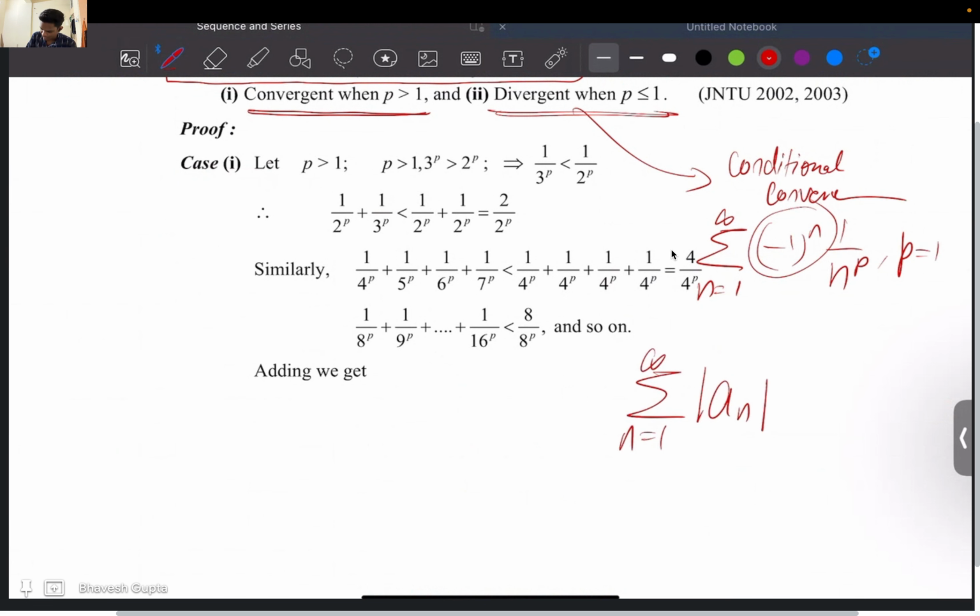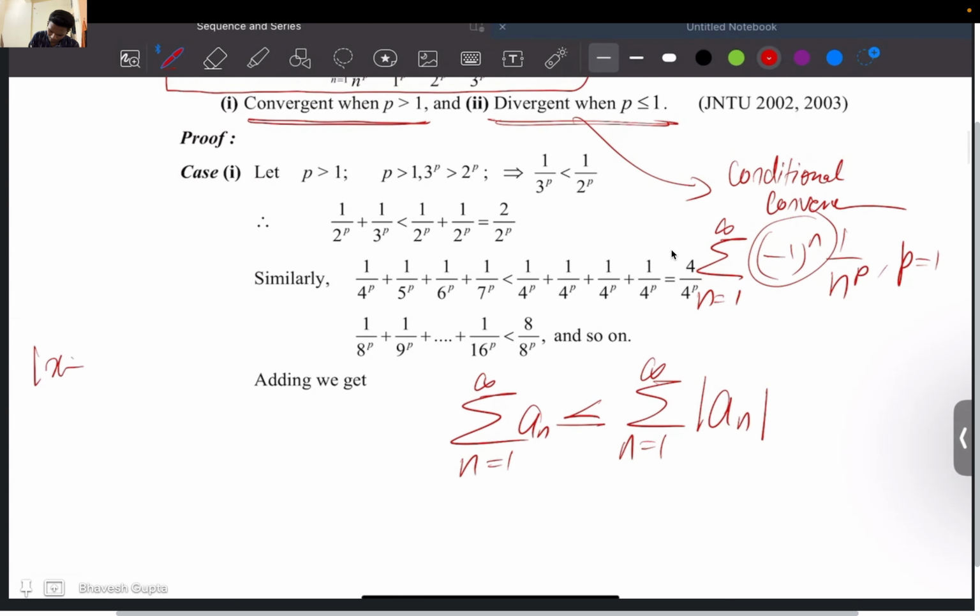This is actually greater than or equal to this, because of the triangle inequality. This is the property of the modulus function, because |x + y| is always less than or equal to |x| + |y|. This is what I'm using here.